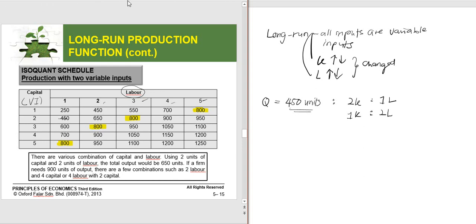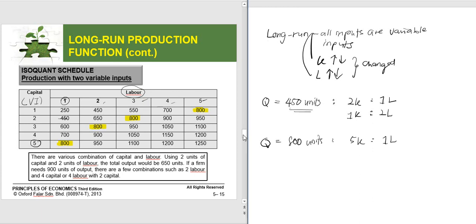The first combination is 5 capital and 1 labor.